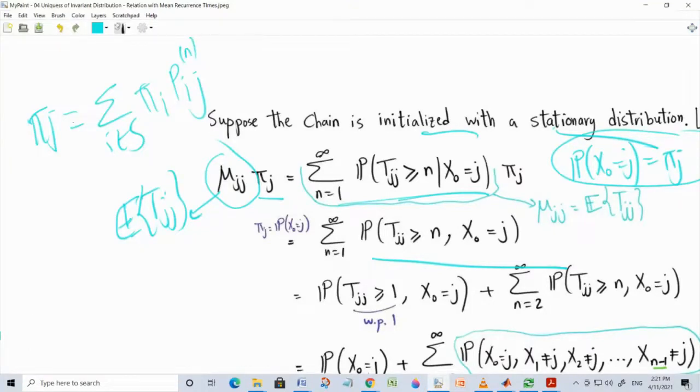Then we took the limit, and we want to interchange limit and summation. We said this term is upper bounded by 1, and so we upper bound the magnitude of the summand. Here the summand is non-negative, so we don't need to worry about magnitudes. We upper bound it by something that does not depend on n, and this is needed for the dominated convergence theorem. Our upper bound should not depend on the variable with respect to which we take the limit.